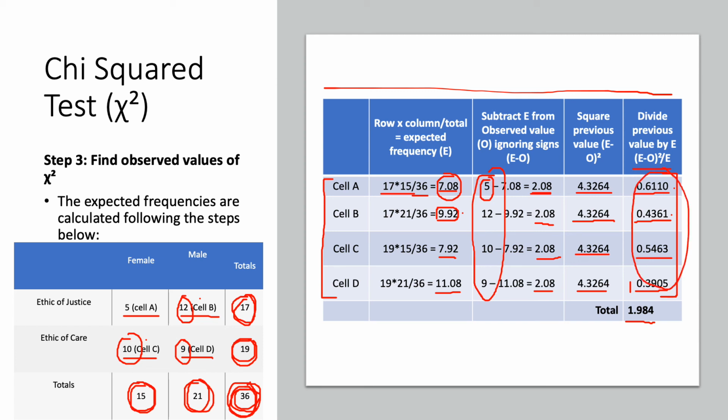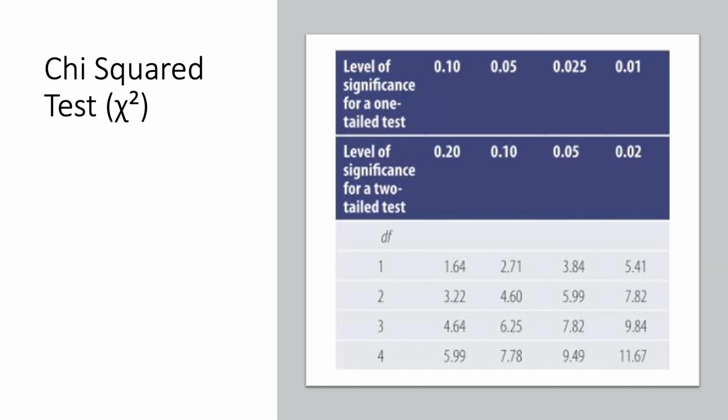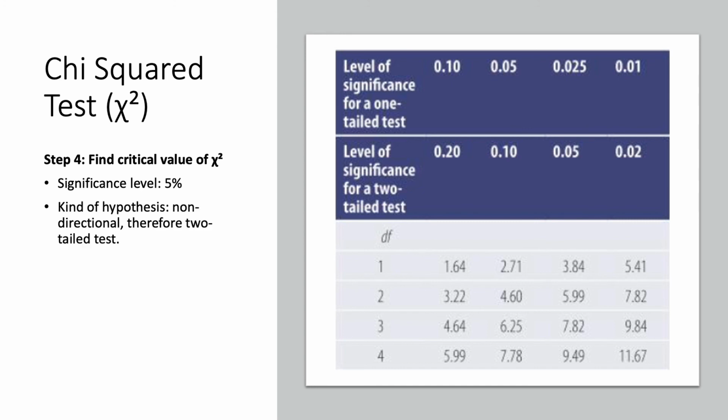So they might have, for example, and then as always we find the critical value, and with chi-squared we look at degrees of freedom. So our significance level is 5%, so 0.05. We did a two-tail test because our hypothesis was non-directional.